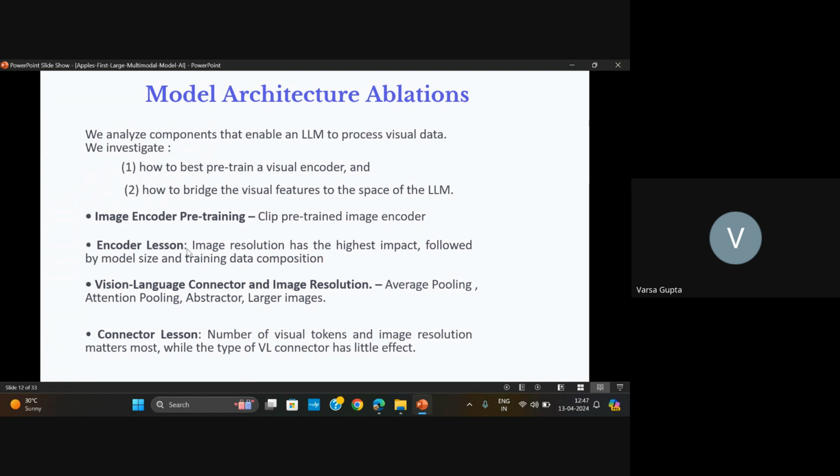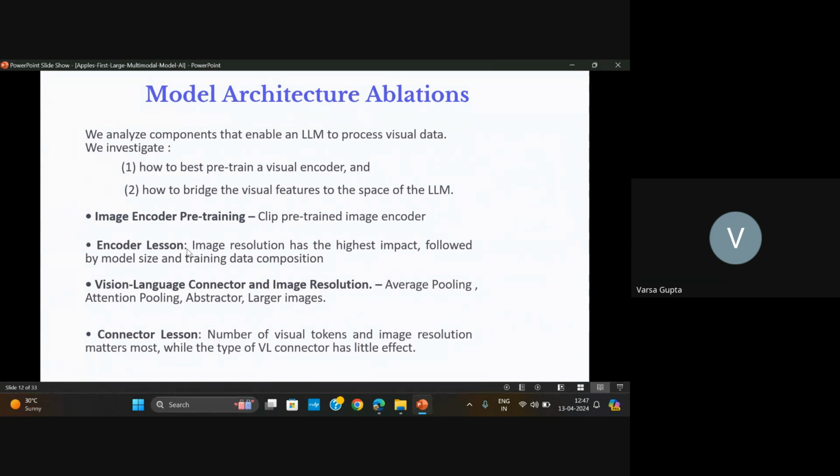If you process the words in a sentence, which is the most relevant word that is most important while processing? Similarly, in the image case, it provides weight to certain regions of the image which are more important for processing. So attention pooling basically works by focusing on the relevant parts of the input data.